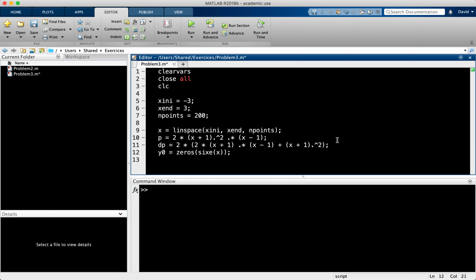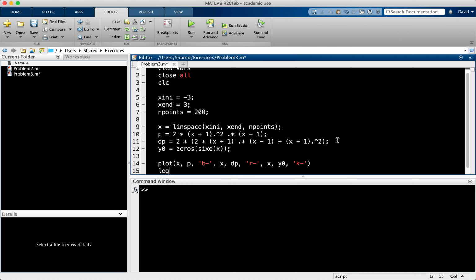So now that we have the 3 lines that we want to plot, we call the plot function. Firstly, we plot the function p using a blue solid line, then the derivative of the function p using a red solid line, and finally the x-axis using a black solid line.